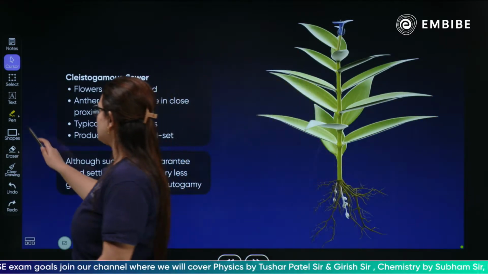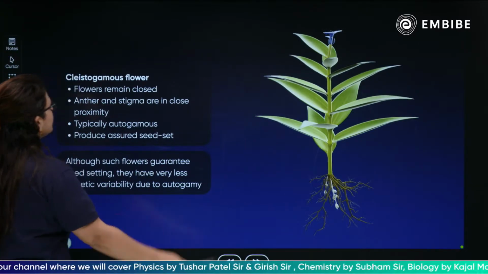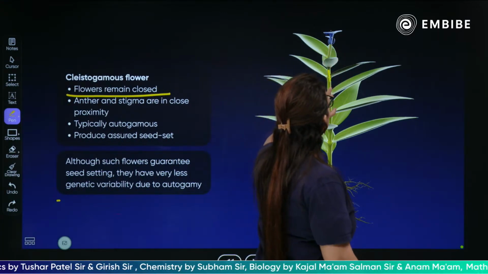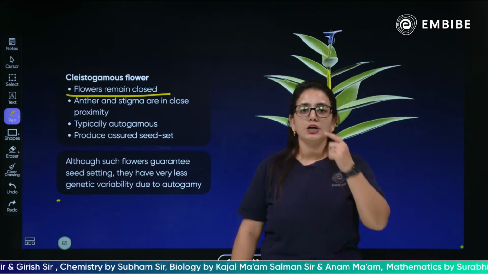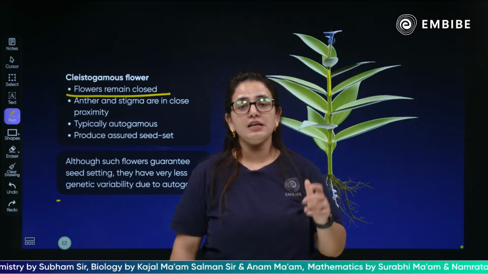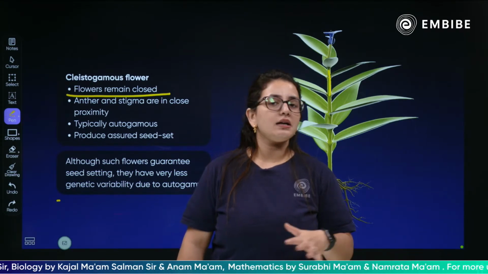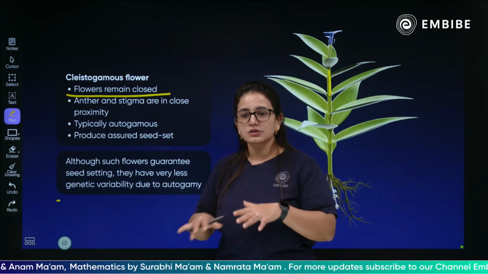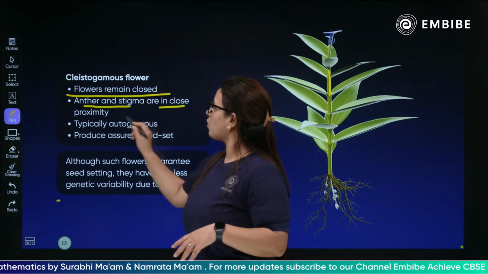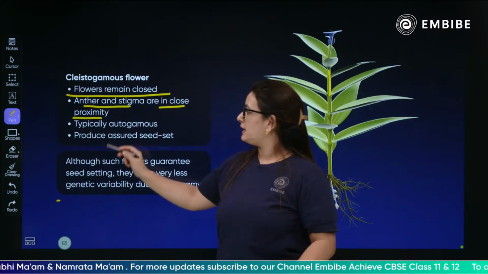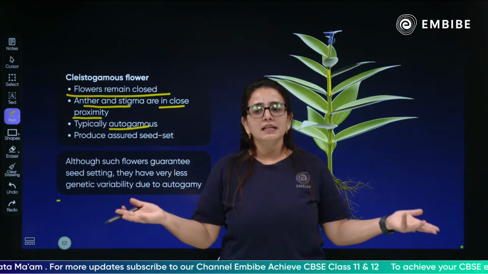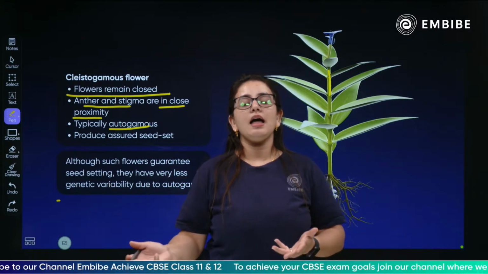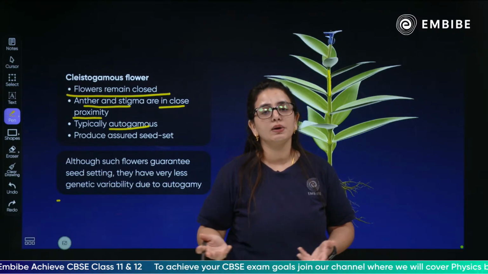What are cleistogamous flowers? Children, these are closed flowers. The flower remains closed. What do we mean by the flower remaining closed? It means the anther and the stigma are not exposed. The flower is closed, and the anther and stigma are in close proximity, and they are typically autogamous.